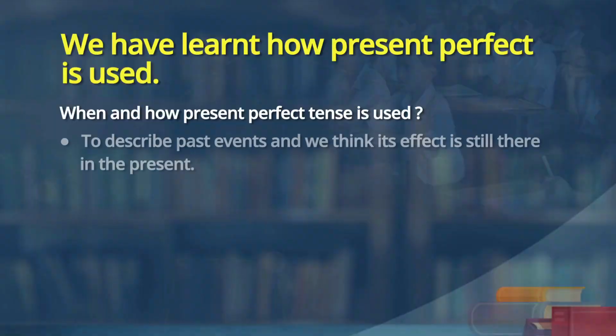So, the second expression. Then third one, to describe the past events and we think that its effect is still there. India has got its freedom. It may be 70 years ago, more than 70 years, but we are enjoying the freedom.